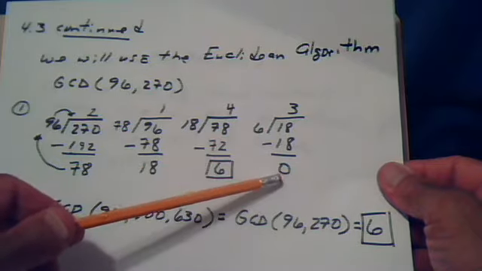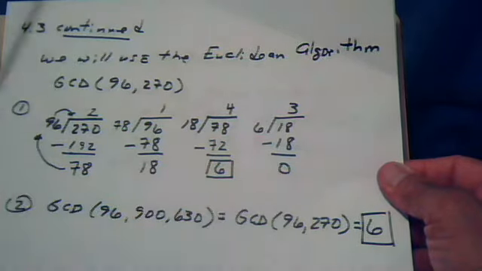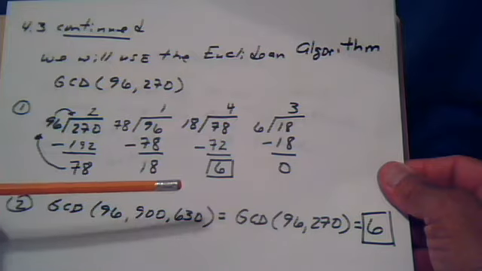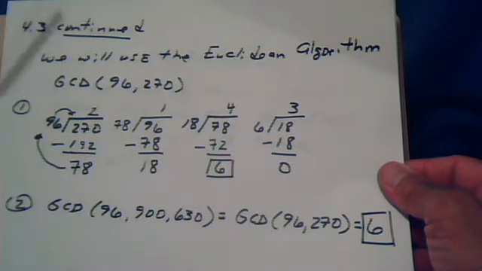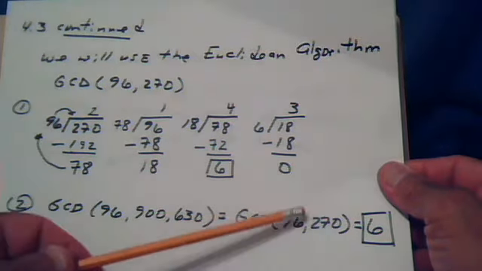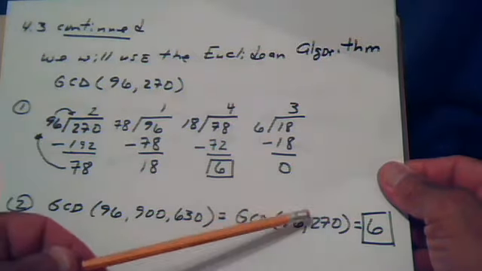This time we have a remainder of 0. So your answer will always be the remainder before the remainder of 0, which is 6. So now we know that the GCD of 96, 900, and 630 is the same as the GCD of 96 and 270, and they have a GCD of 6. That's the greatest common divisor, or greatest common factor, either way.